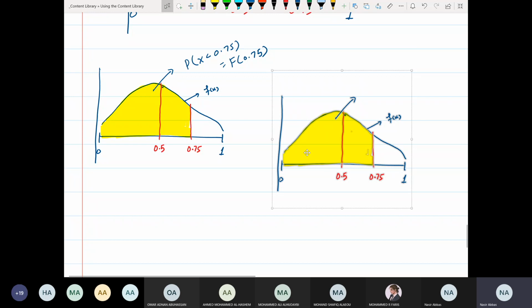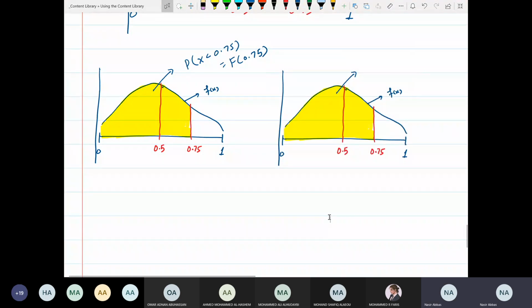Similarly, I'm going to highlight another, let's say blue area, and I want you to tell me what is this? It is x less than 0.5, which is capital F of 0.5.